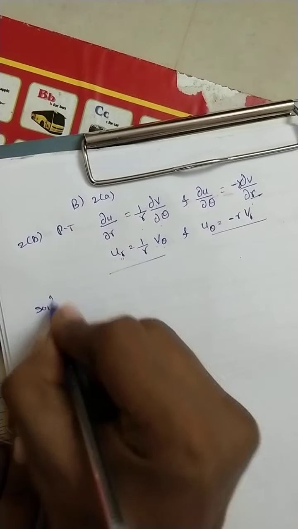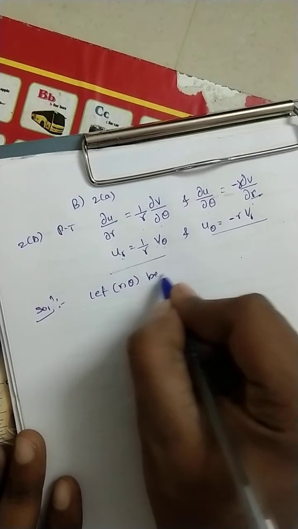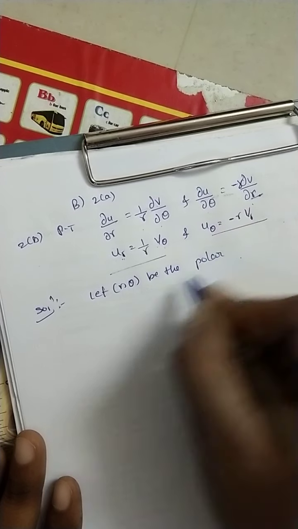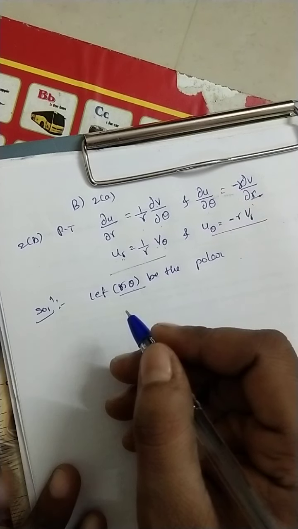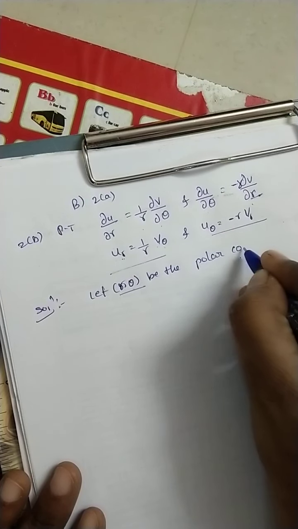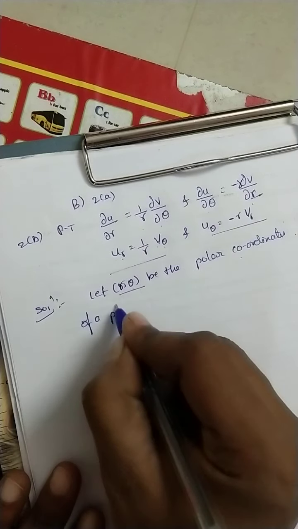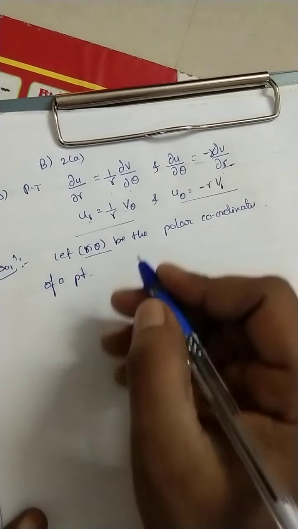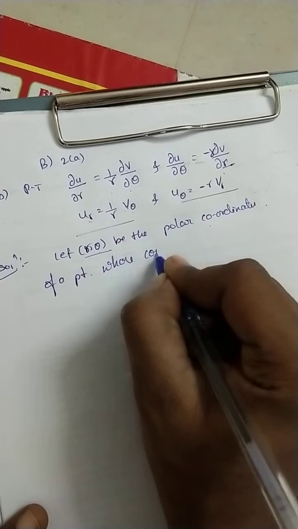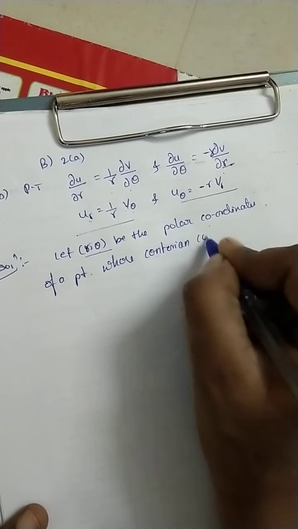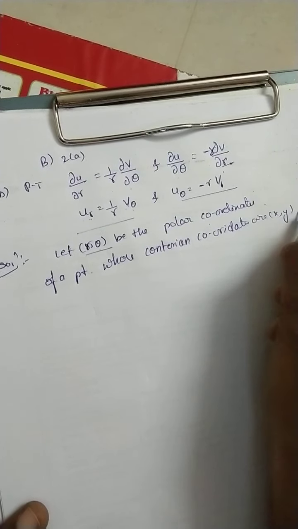Now the solution. Consider r and θ to be the polar coordinates of the point whose Cartesian coordinates are x, y.